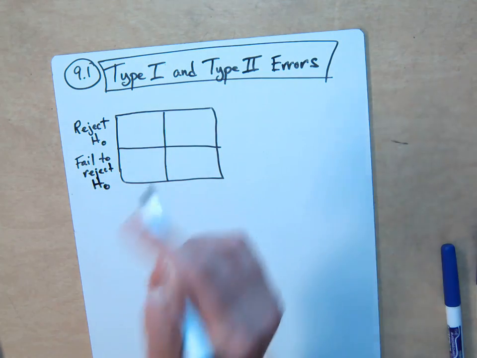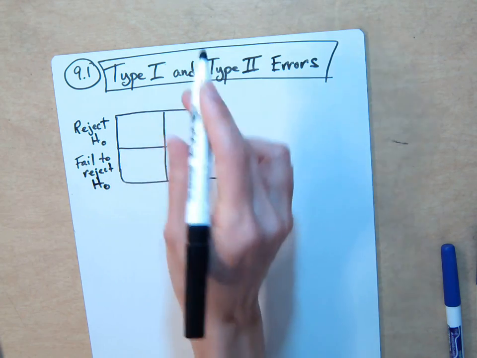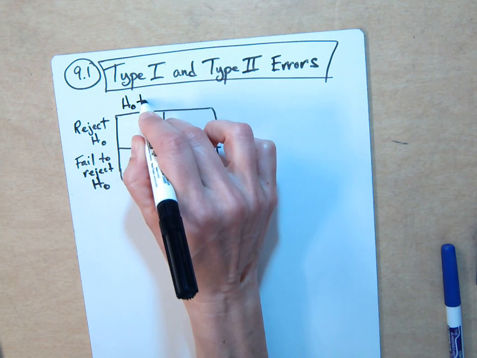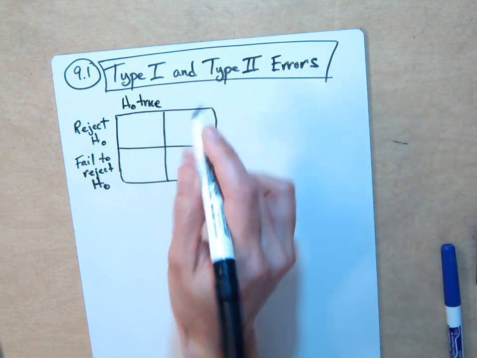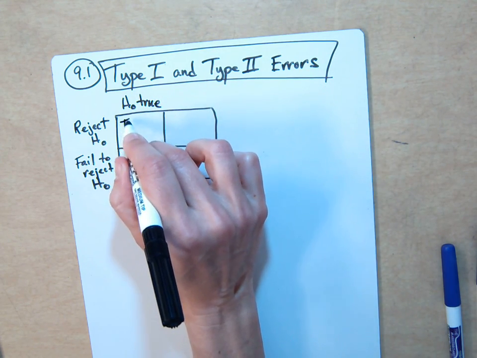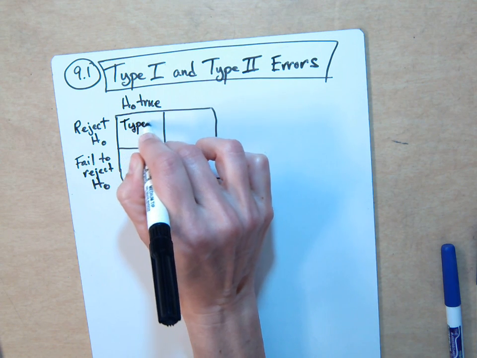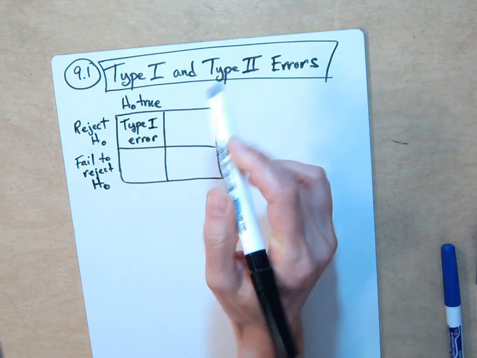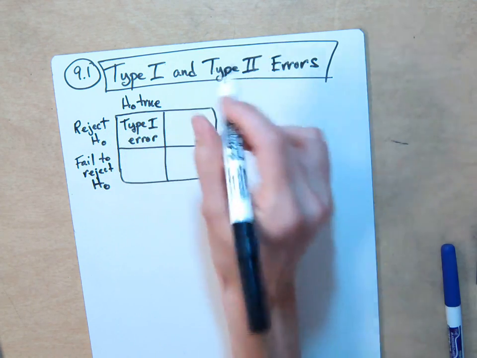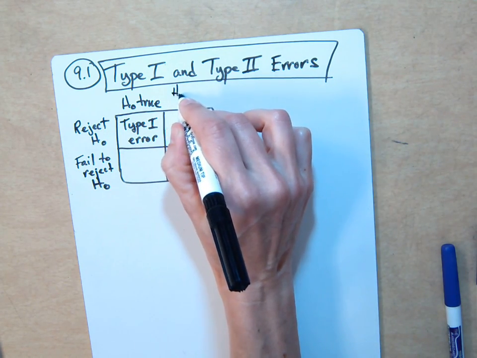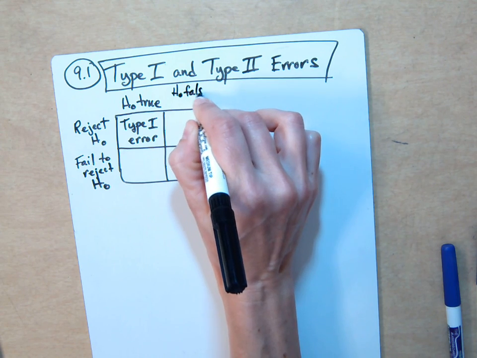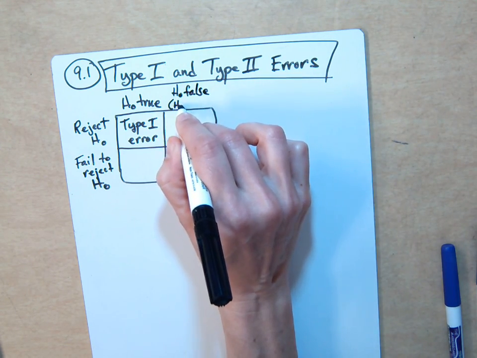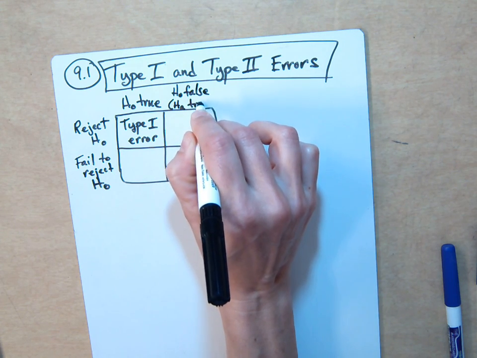Okay, so if you reject H naught when H naught was actually true, that would be a mistake, and that's classified as a type 1 error. If you reject H naught and H naught was false, so you should reject H naught, that also means, of course, that H sub A is true.